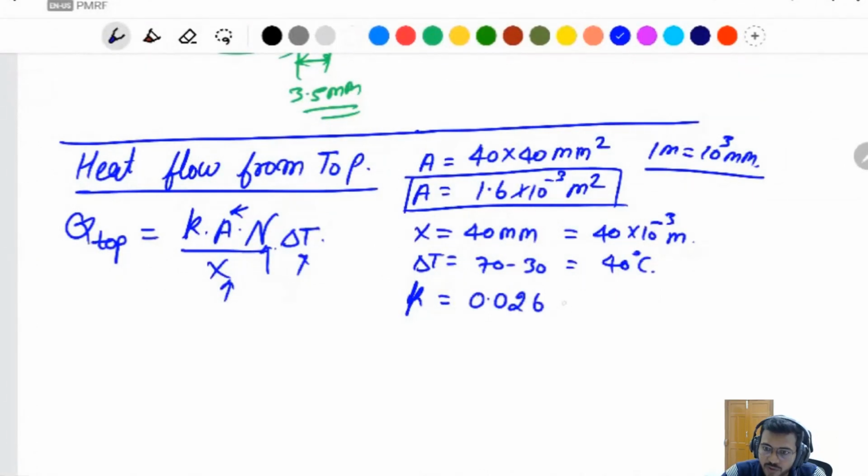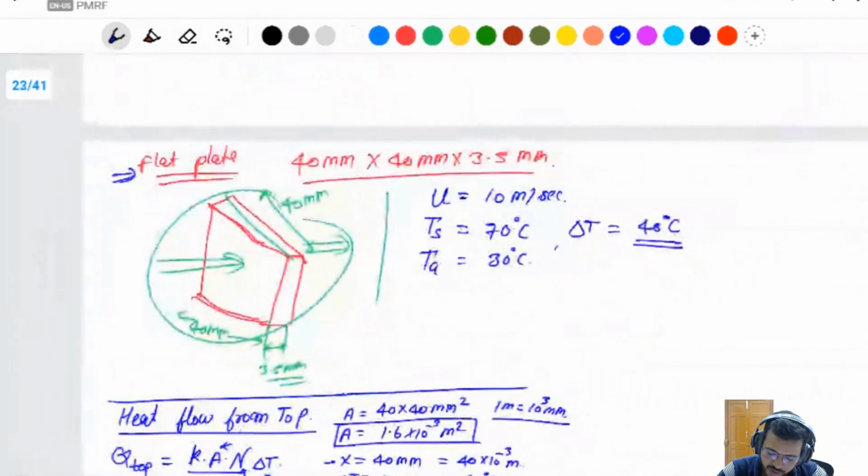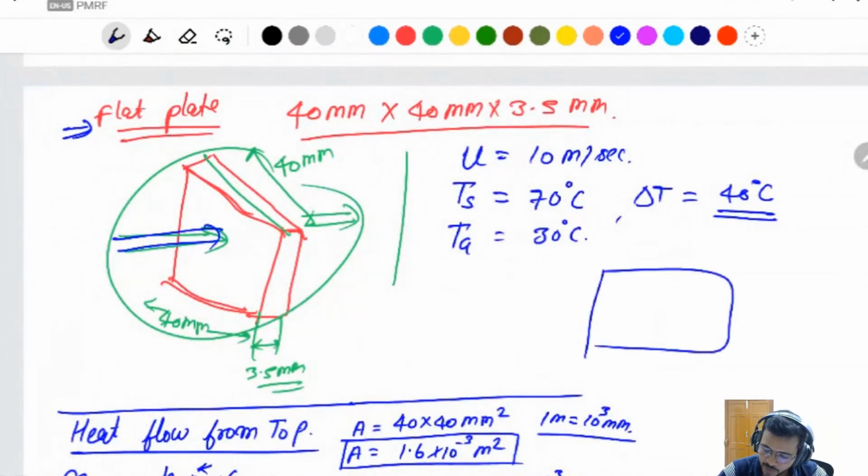Excuse me, sir. For x equal to 40 mm, how is it, sir? This is the dimension along which the heat passes through the surface, flowing. Where is the heat flowing? The heat flows like that, right? Yes. If you talk about the top, it flows like that and leaves from here.